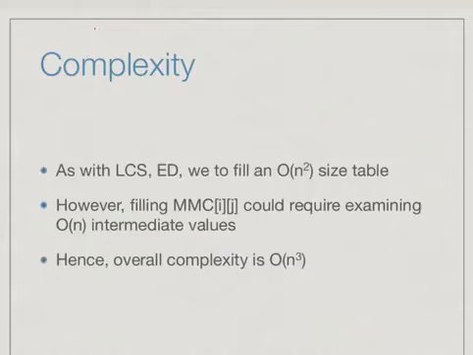So as with the LCS problem, we have to fill an order n squared size table. But the main difference between LCS and this is that in order to fill an entry in the LCS table, we had to look at only a constant number of entries, right? So order mn or order n squared. The point was each entry takes constant time, so the effort involved is the same as the size of the table, an m by n table takes mn time.